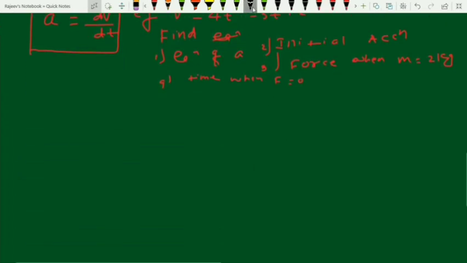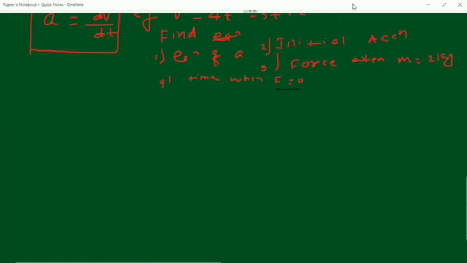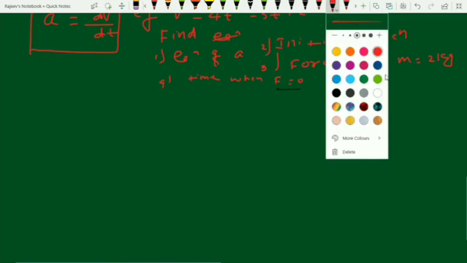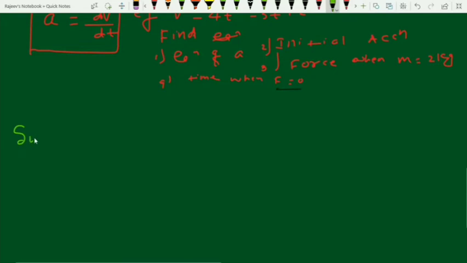One by one we will proceed, right? So first of all, find first, check its solution. I'm going to change the pen color. So A is equal to what? dv by dt.